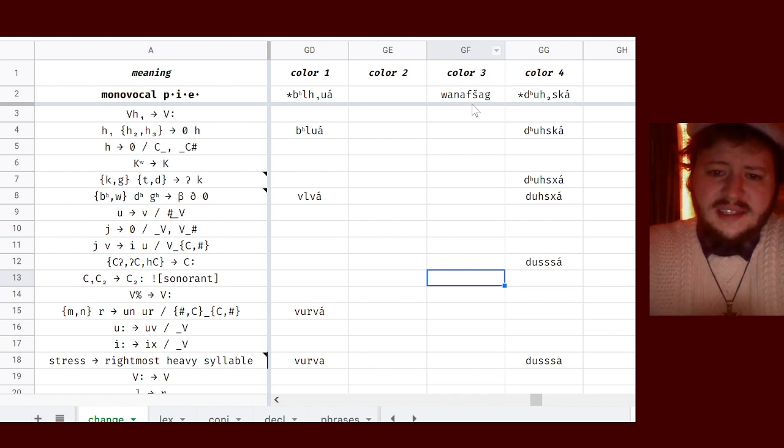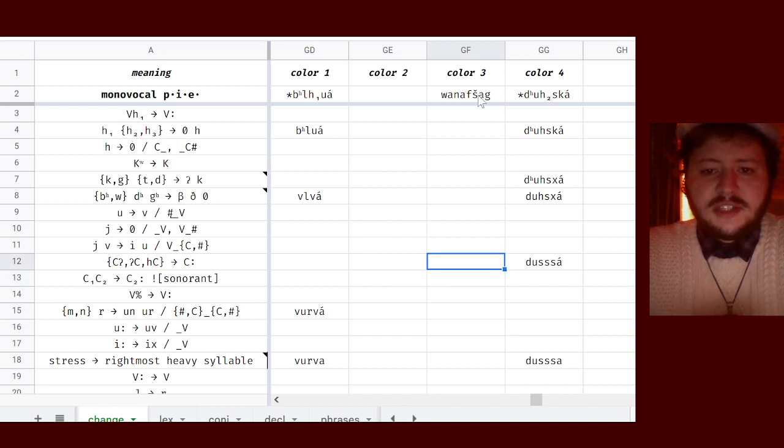And this F is probably going to be loaned in as a V, because the closest sound to that is the V sound. And this sh is probably just going to be an S. And this G, at this point, the closest sound is a K. Either that or the G just doesn't get loaned in at all. I'm going to loan it as a K, though, so it's going to be like Vanaf, Sak.